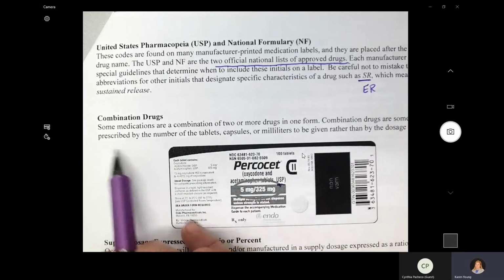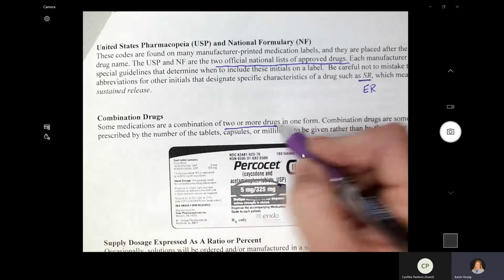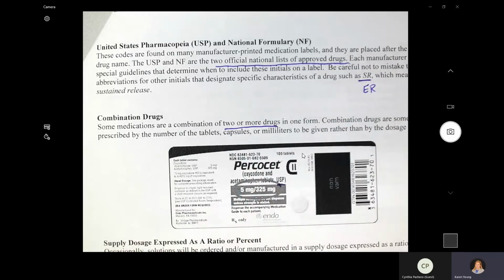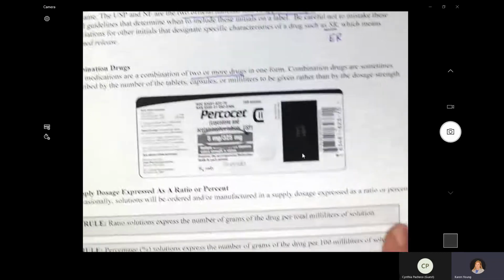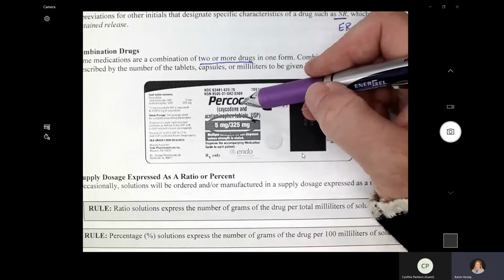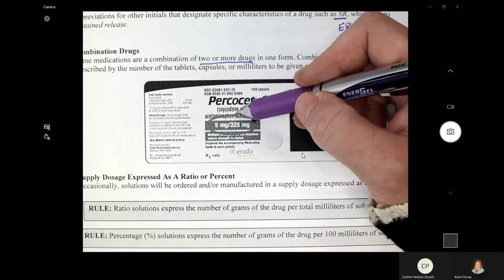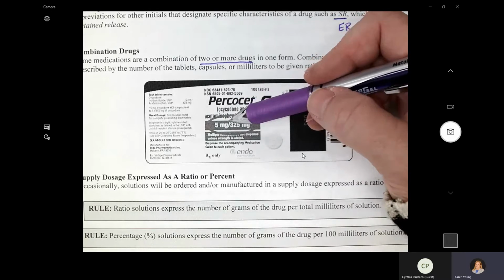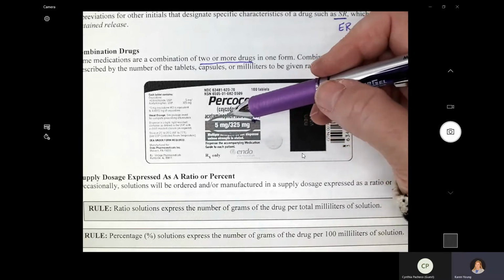And then we have combination drugs. Combination drugs have 2 or more drugs in one form, and generally it's a tablet or caplet. This is Percocet. It has oxycodone and the generic Tylenol. I have never been able to say that word. I can say it in my head all day long.